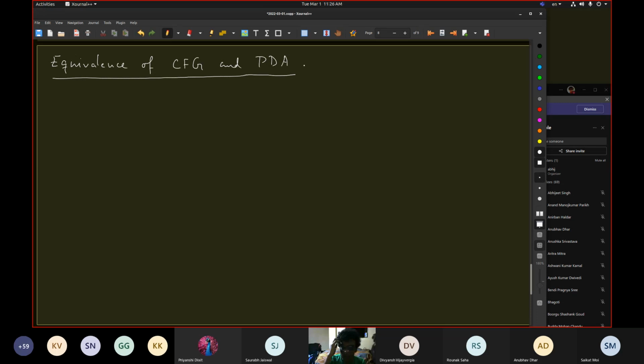This will establish that the languages of push-down automata, the way we have defined formally today, are precisely the set of all context-free languages.